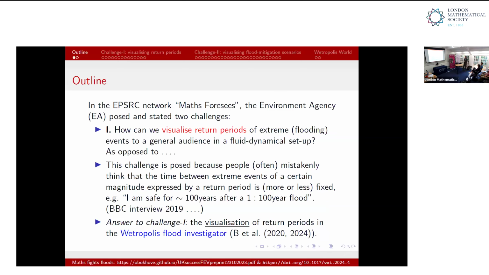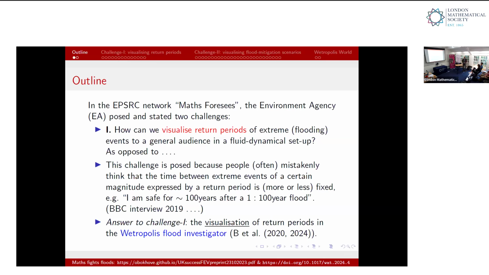The first one was, how can we visualize return periods for extreme events, in particular flooding and rainfall, in a fluid dynamical setup? They didn't want a simulation. This challenge was posed because some people think that events of a certain magnitude are regularly spaced.